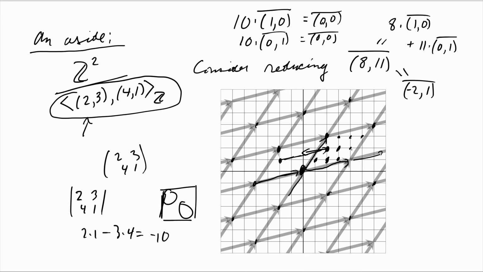It was still nearby, maybe a little bit more work to put it over here, but at least modding by 10 makes the representative look simpler. If we wanted it in this particular parallelogram, we just add 4, 1 to negative 2, 1, and you'd end up getting 2, 2 bar. So negative 2, 1 bar is equal to 2, 2 bar just by an addition of the element 4, 1.